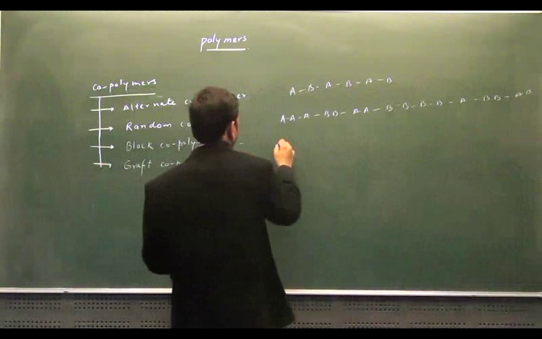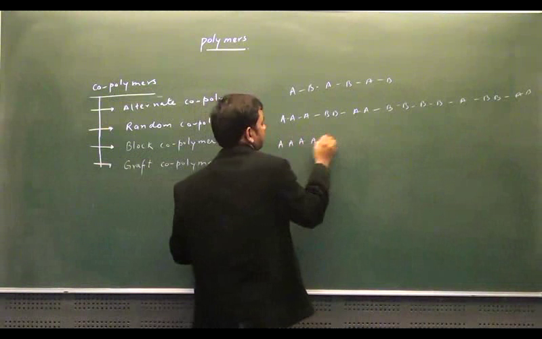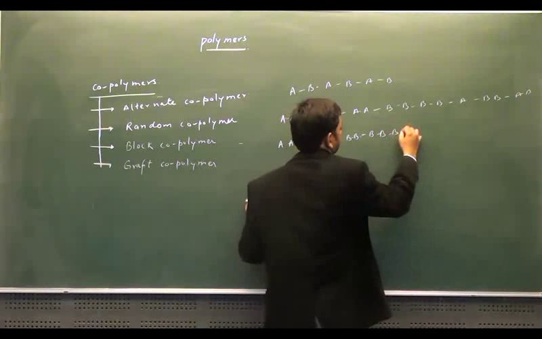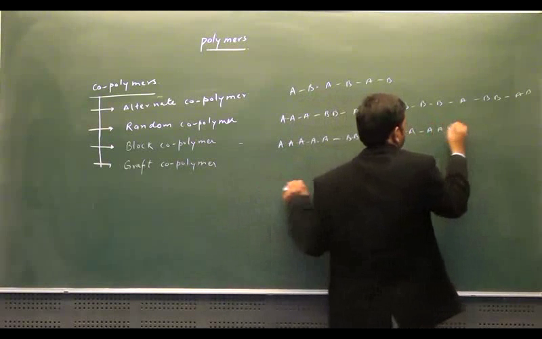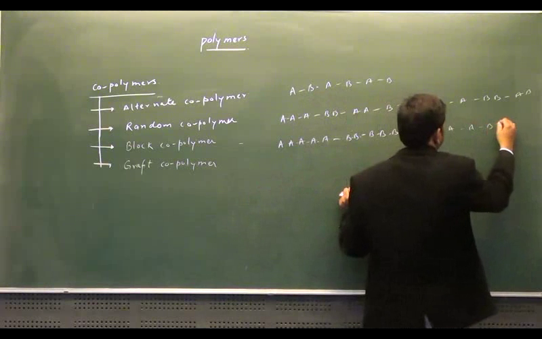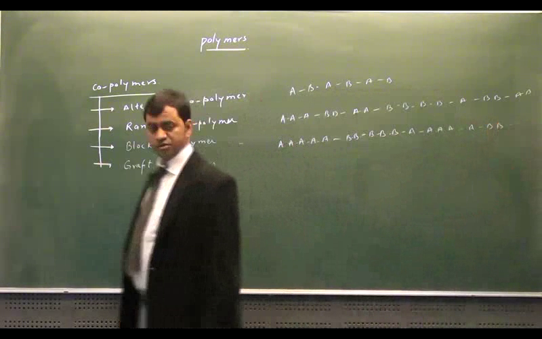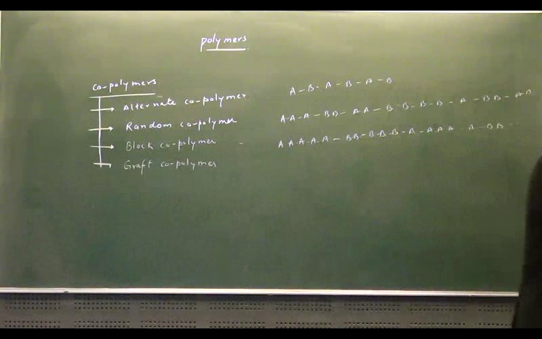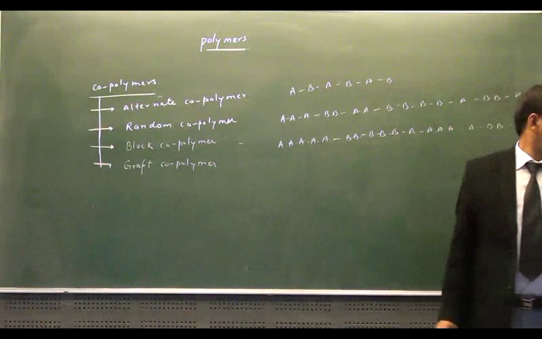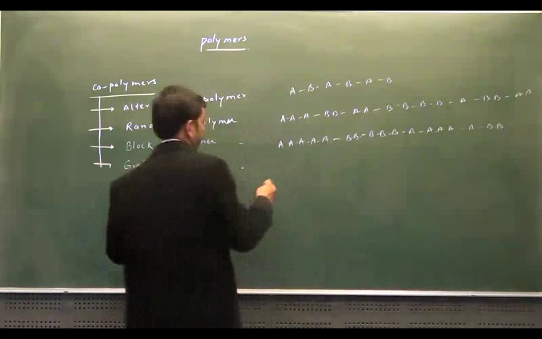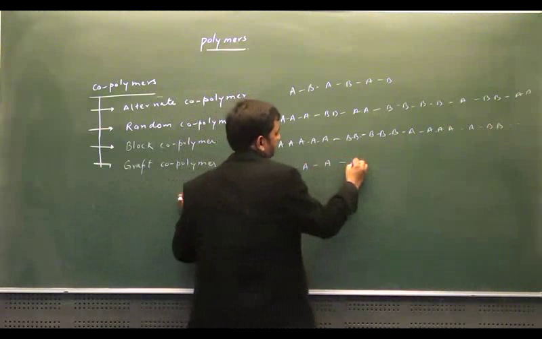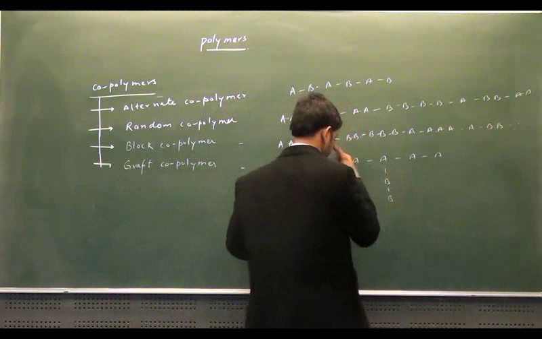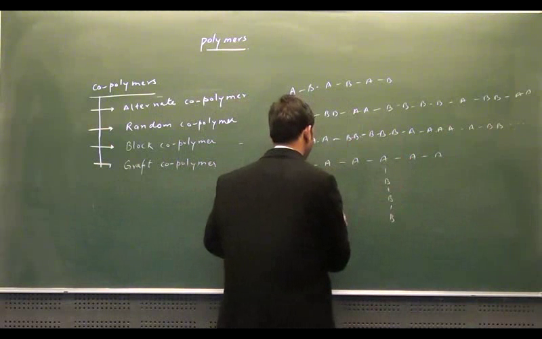Block copolymer: there is a block of A, then a block of B, then A, then B. In a graft copolymer, suppose one polymer forms the linear form, A, and it is branched by B, like that.